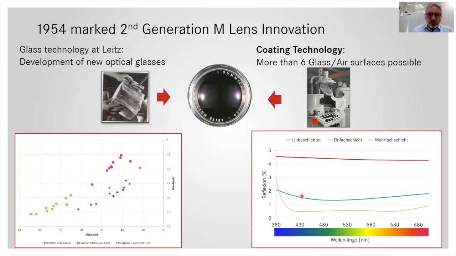And we needed a longer time to implement it in our optical systems, because the first coatings were not so good to handle. If you clean the surface, suddenly the coating disappeared, and so this was not so easy to implement in production for photographic purposes.